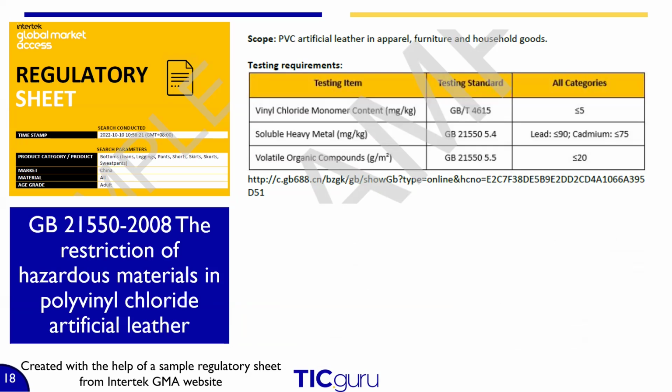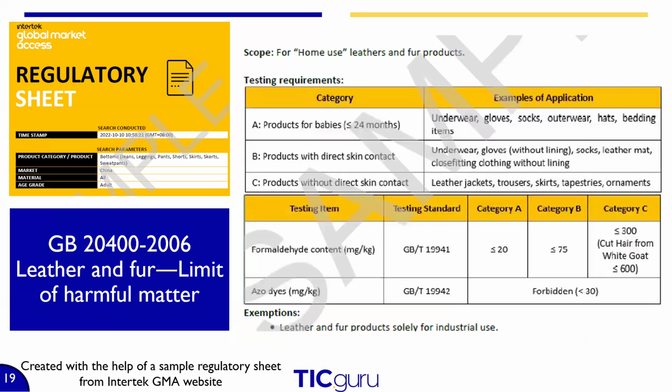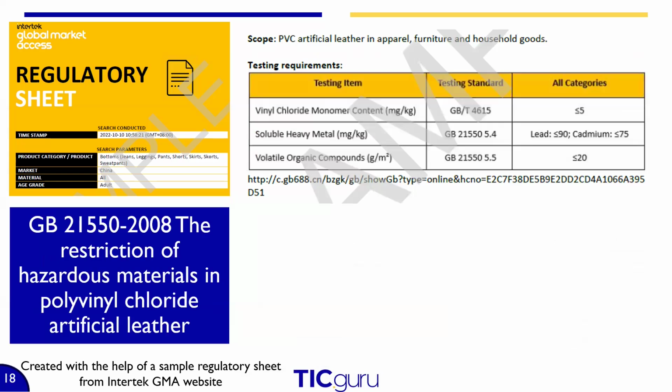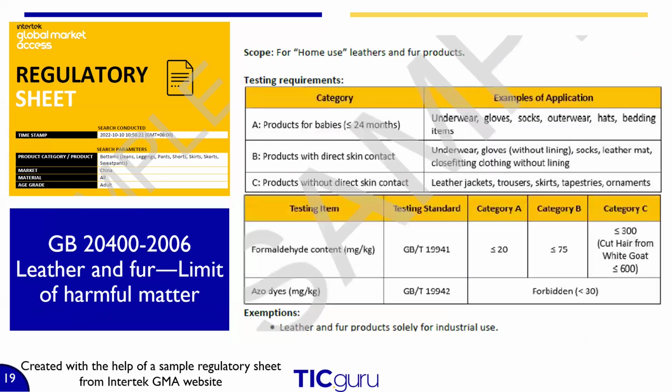There is the GB 21550, which talks about the restriction on hazardous materials in PVC artificial leather. Just like others, this standard also refers to various tests and test methods and evaluates the parameters for limiting values.